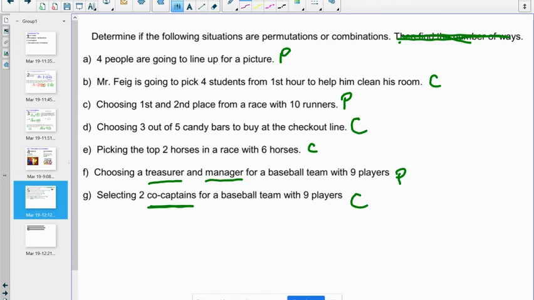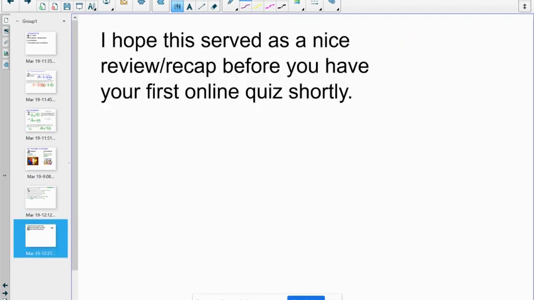And again, just know on your quiz, you will be asked problems just like these. You're going to have to solve how many different ways you can arrange them and determine if it's permutation or a combination. There is a review assignment as well that you will either take a picture of and scan it, or scan it to me and upload or email.